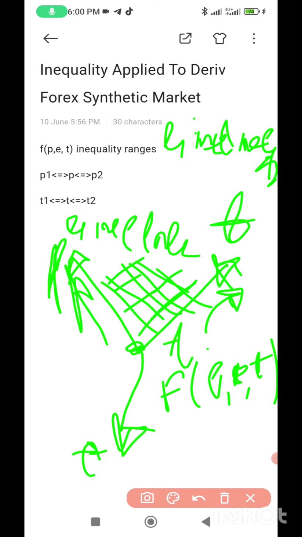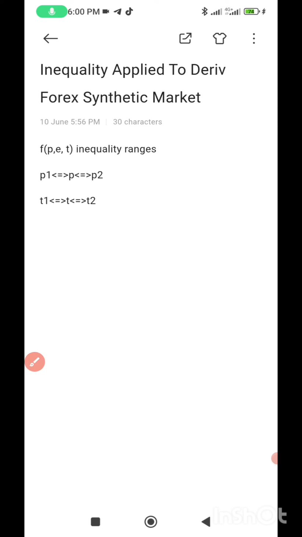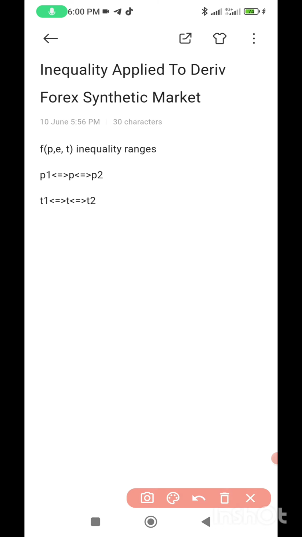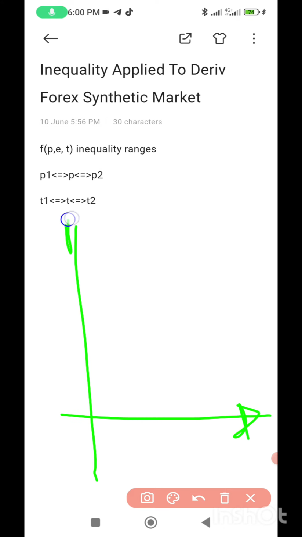So to make this more understandable, I'm going to eliminate the errors, but the error always exists in the market. I'm going to assume that the error is 0, and when I assume that, I'm going to have this. You can see it is easier to visualize inequality in the market based on 2 dimensions.